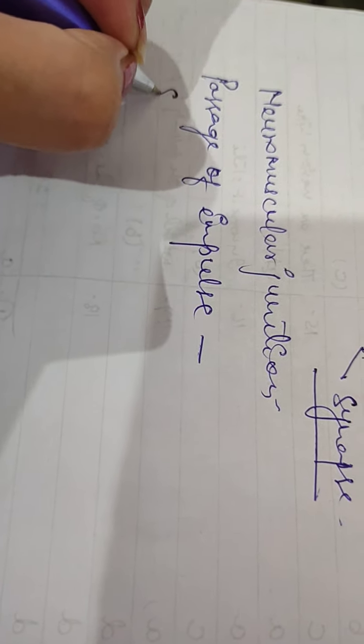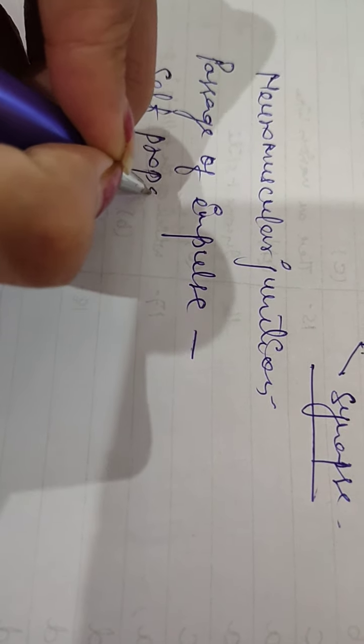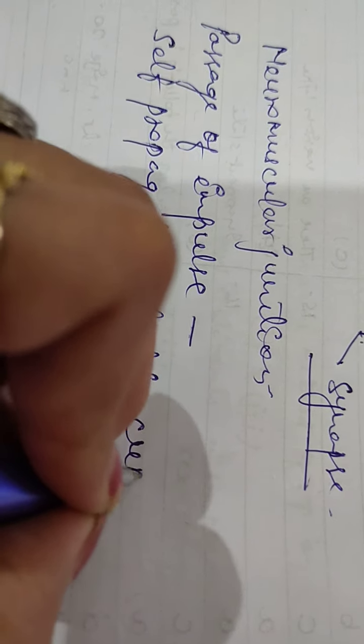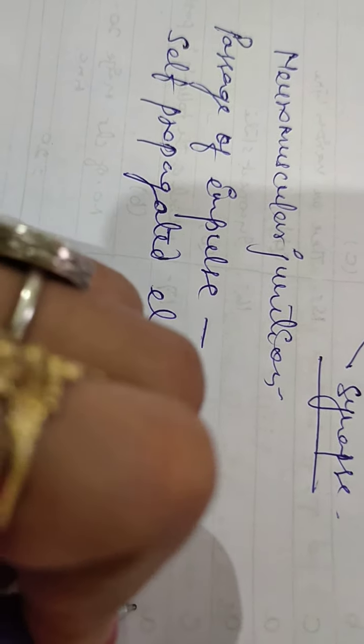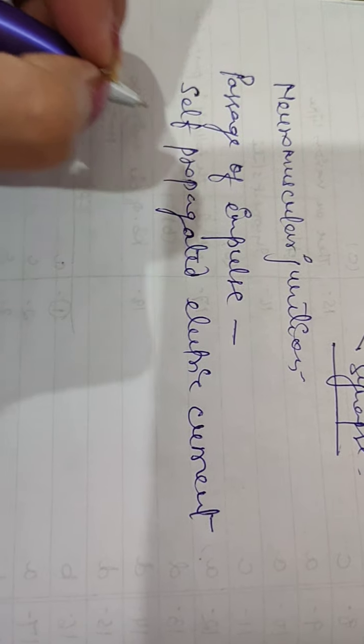Impulse is a self-propagated electric current that travels from one end to another end of a neuron for the passage of messages.